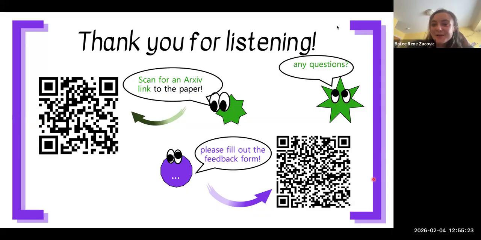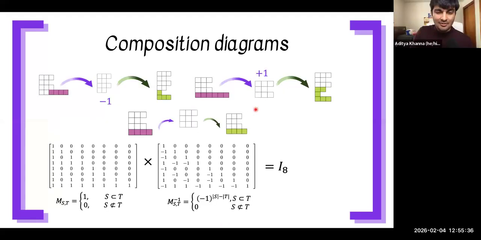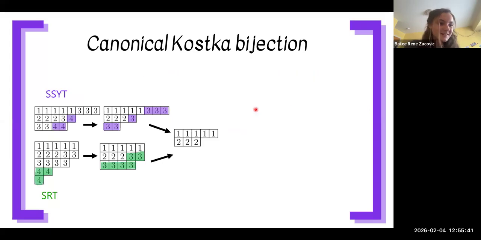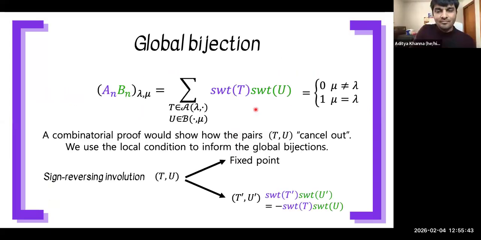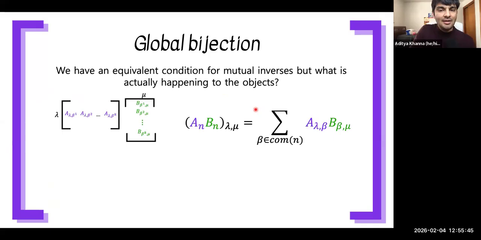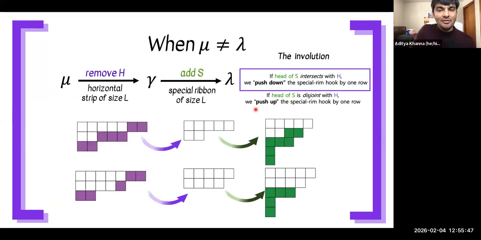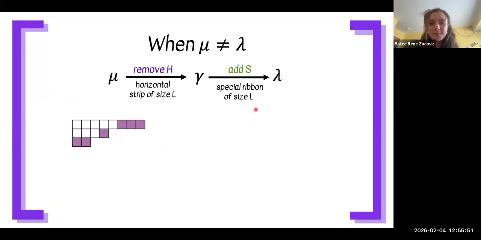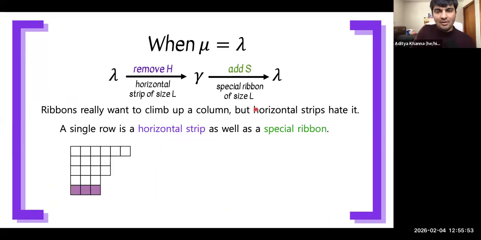Maybe one last quick question. I didn't get a close look at the examples of Kostka matrices that you presented, but is it known in general that the Kostka matrix is totally non-negative, or the rectangular ones? I'm just curious if there's some kind of positivity result. Totally non-negative means all the minors are non-negative.